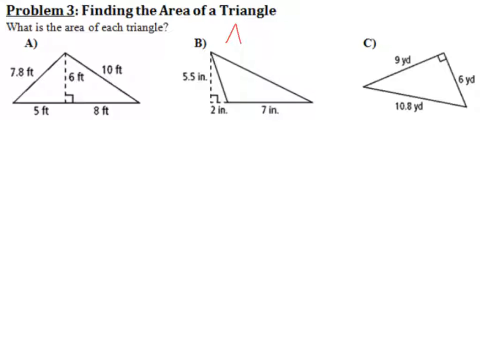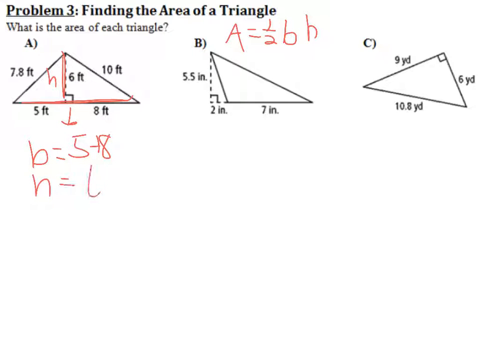Once again, area formula, 1/2 base times height. So for example A here, the way this is drawn, here's my base, here's my height. With my base, I've got two different lengths. I've got 5 and I've got 8, so I'm going to add those two together.